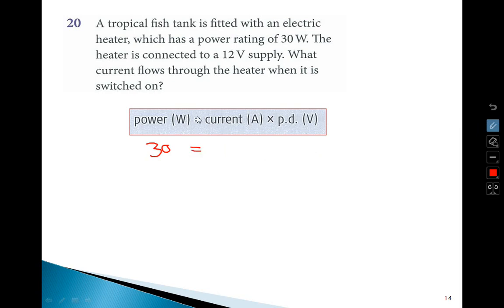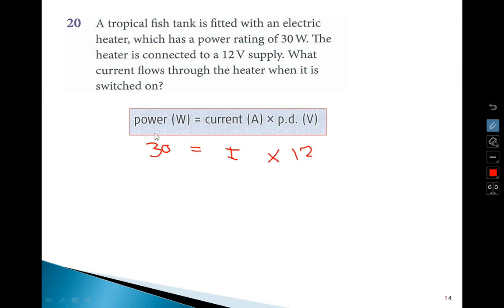First step, write the equation, substitute the values, and then find the unknown. The heater is connected to a 12 volt supply. So P is 12 times I. What current flows through the heater when it is switched on?